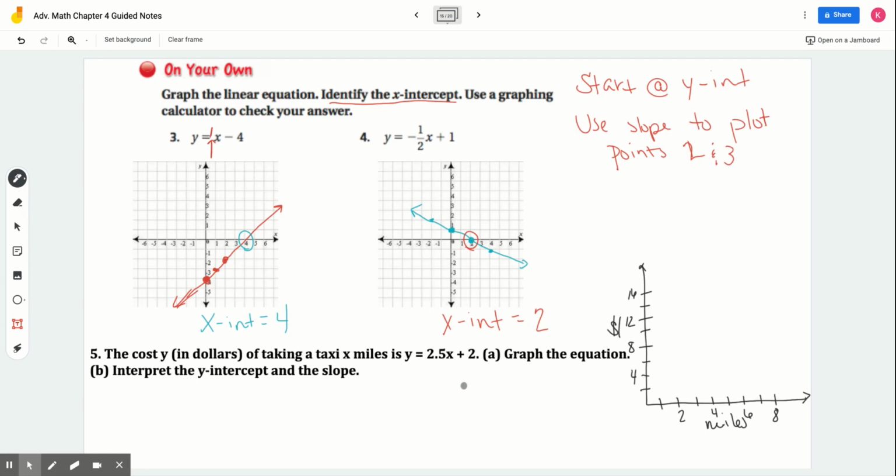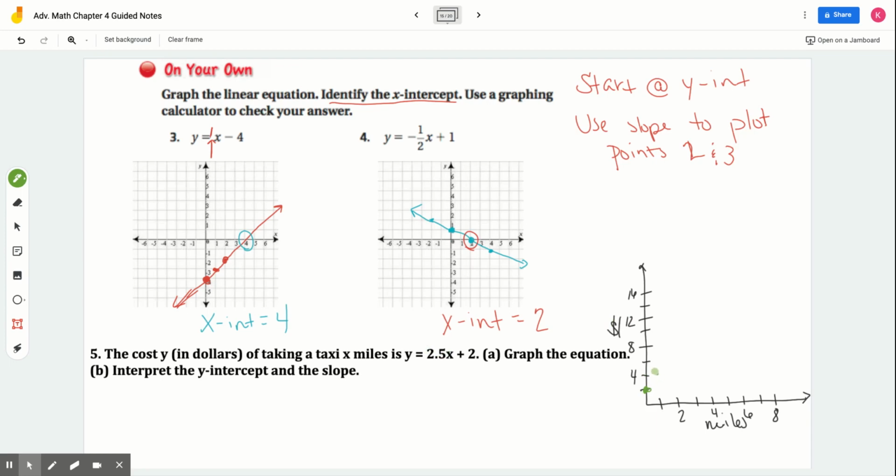When I go to graph this equation, I'm starting with that y-intercept again, +2. So on my y-axis, I go to +2. And then my slope is 2.5. So I'm going up 2.5 for every 1 unit across. So up 2 and then about 1/2 and across 1 unit.